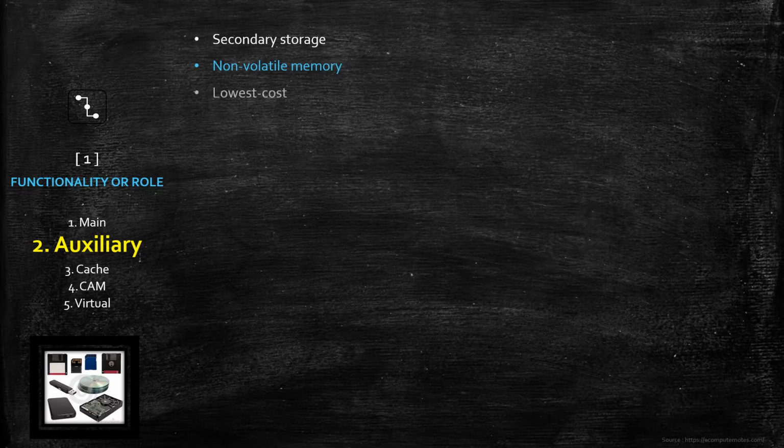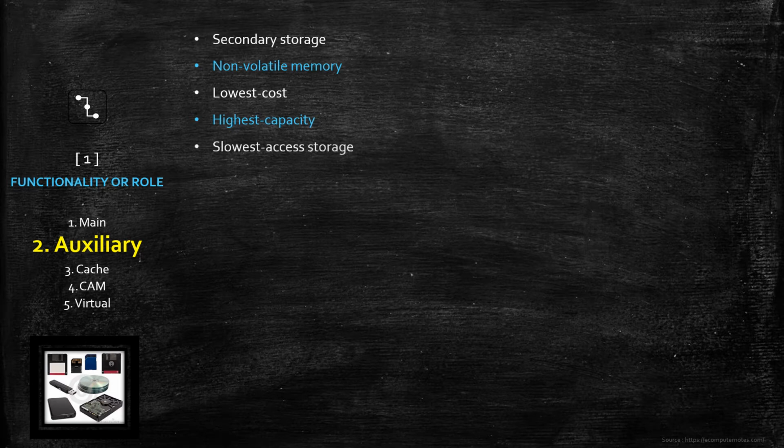Also, they are lowest in cost, because if we compare the cost and the capacity of the main memory with the auxiliary memory, we can see that the auxiliary memory is the lowest in cost and the highest in capacity.